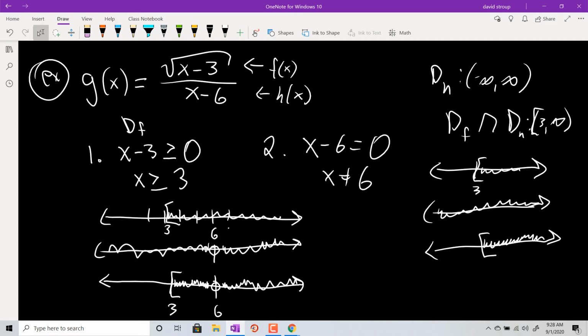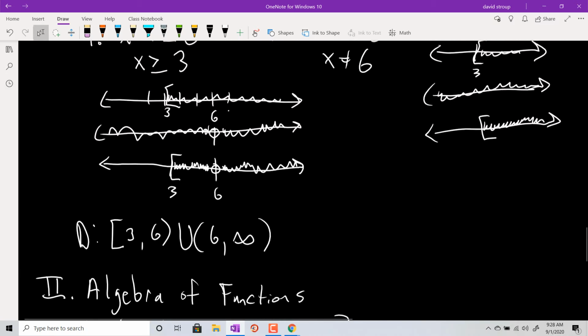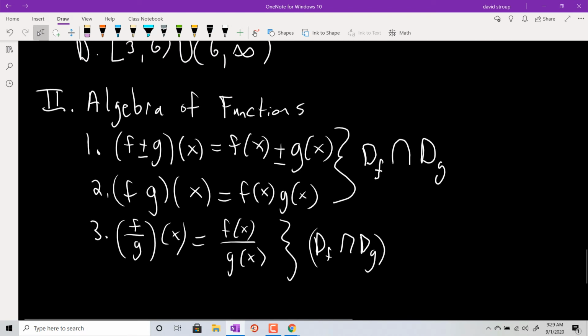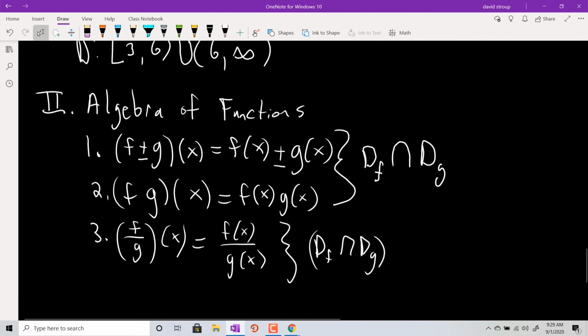Okay, but we see that the end domain is clearly not 3 to infinity, right? There's a hole in there. So where does that hole come from? That's where g of x equals 0, and that's why the domain for this third case is different than the domain of these two other cases. So what you have to do is subtract away the set of all numbers x where g of x is equal to 0.